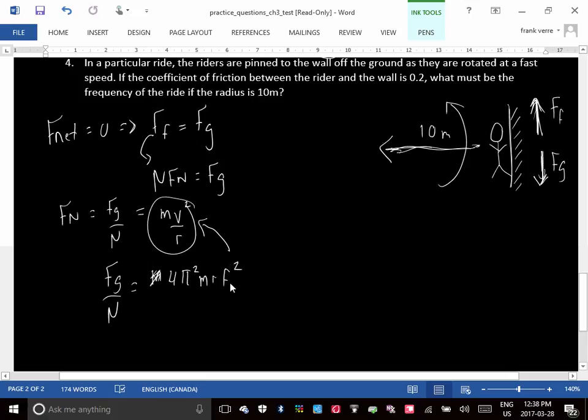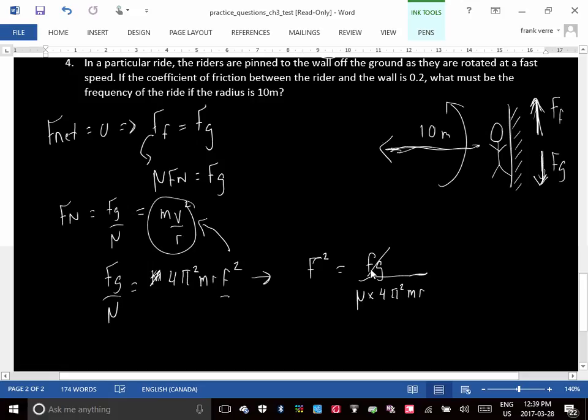So we're looking for f. I'm going to rearrange this and isolate for f. So f squared is going to be the weight over mu times 4 pi squared m r.